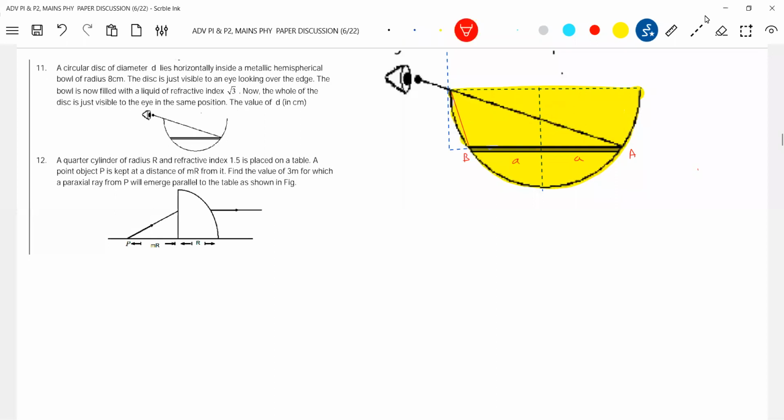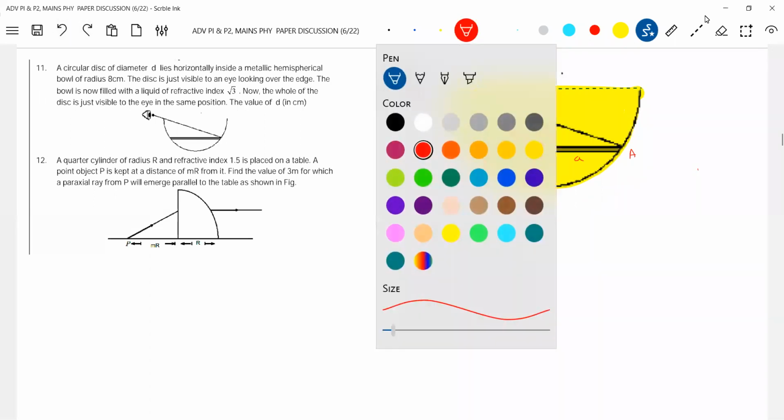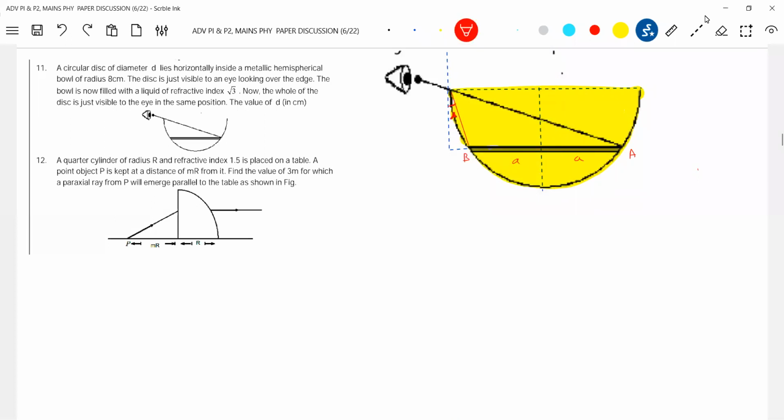So this should be the angle of incidence. And this total angle should be the angle of refraction.